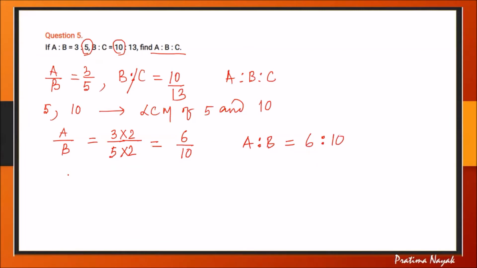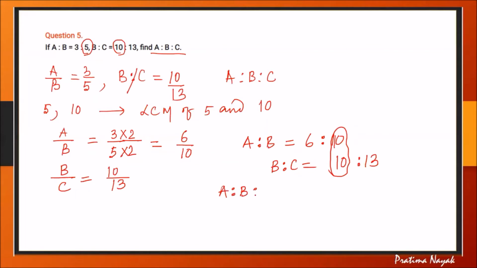Now come to your B by C. B by C is 10 by 30. So I'll write B is to C is equal to 10 is to 30. Now in both cases you are getting 10, 10 equal. So now our problem is solved. The A ratio B ratio C is equal to 6 ratio 10 ratio 30. So this is the answer of this question.